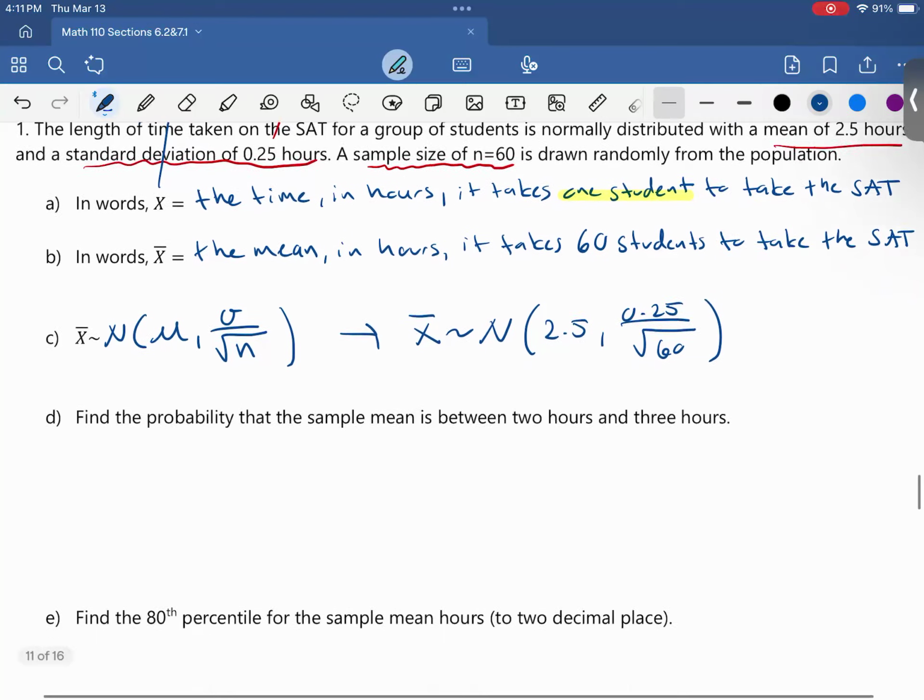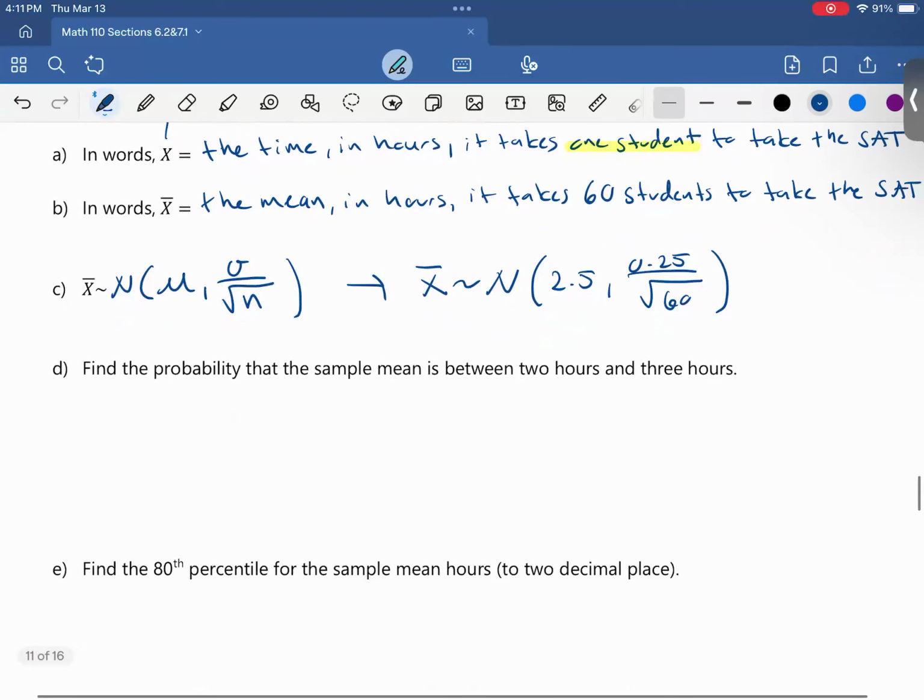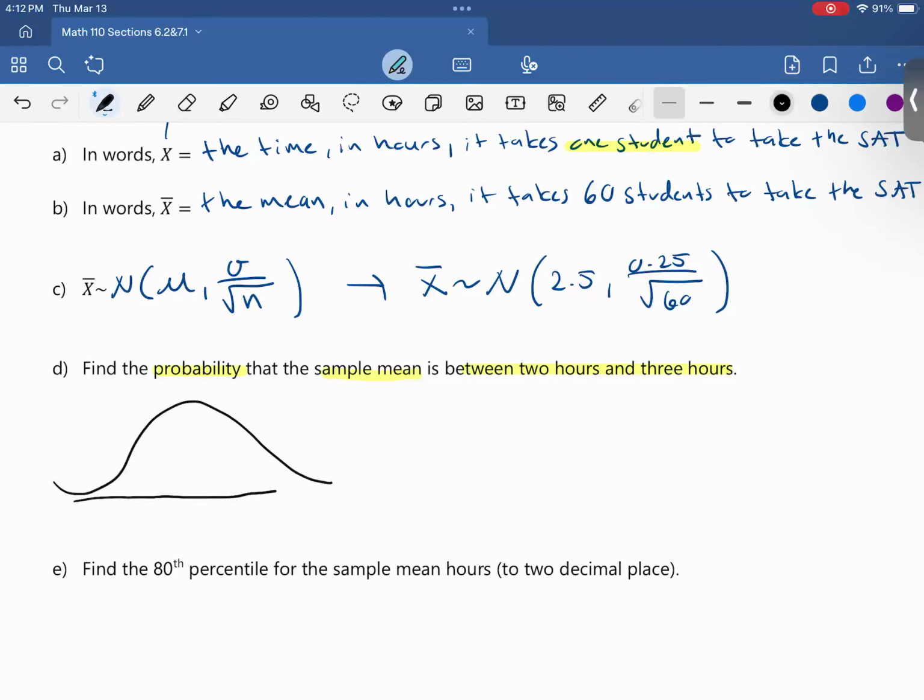Let's go ahead and find some probabilities and some data values. Question D is asking, find the probability that the sample mean is between 2 hours and 3 hours. Much like we were doing before, we want to draw a distribution. Our mean is 2.5, and I want to find the probability between 2 hours and 3 hours, the shaded region right here.